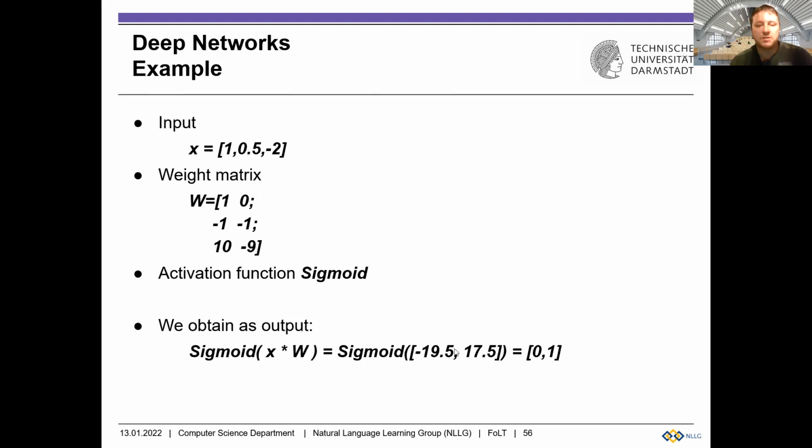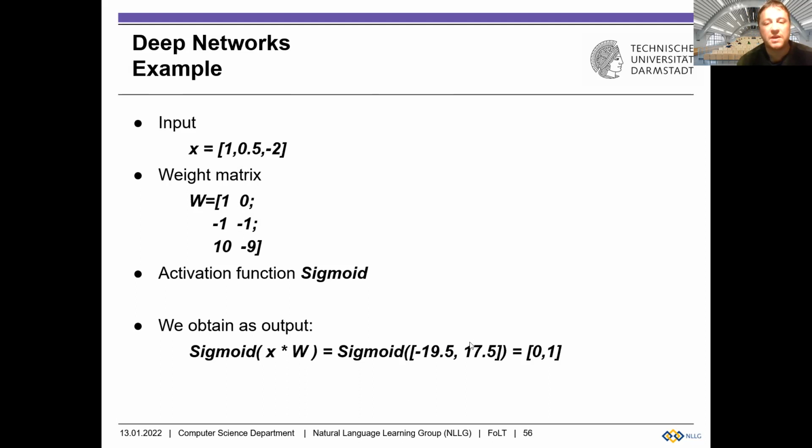Let's compute this, minus 19.5 here. 1 times 1 is 1. Then we have 0.5 times minus 1, this is minus 0.5. So we have 0.5 now. And to 0.5, we add minus 20, because minus 2 times 10 is minus 20. So we have minus 19.5. And similarly, we calculate the 17.5 here. Now, what is the sigmoid applied to a vector of size 2?